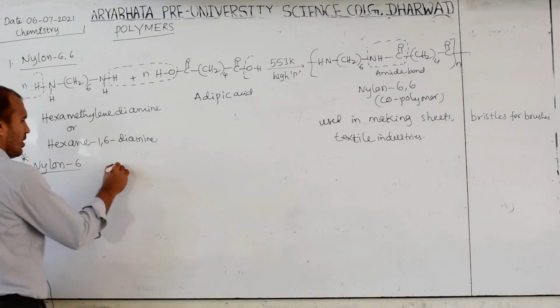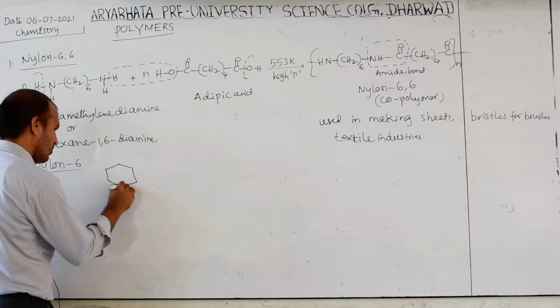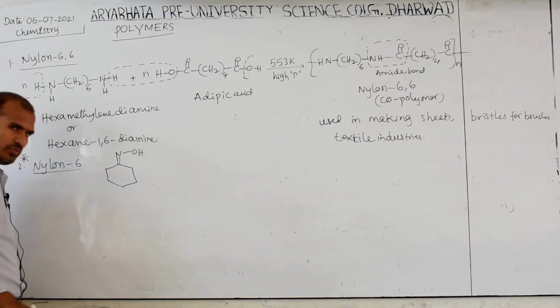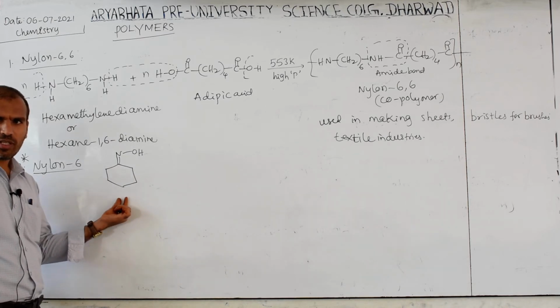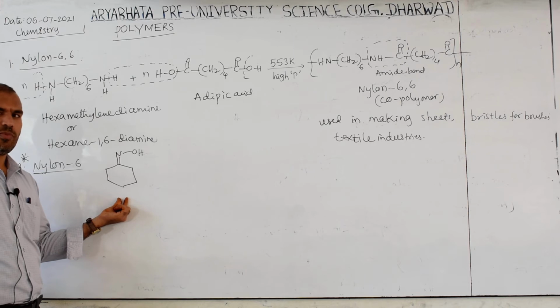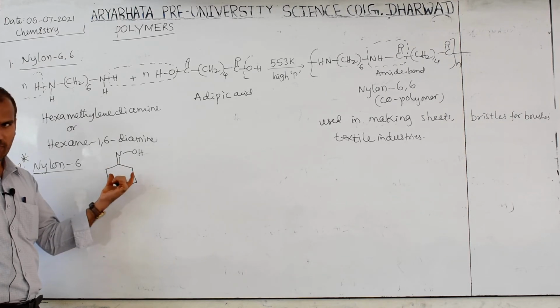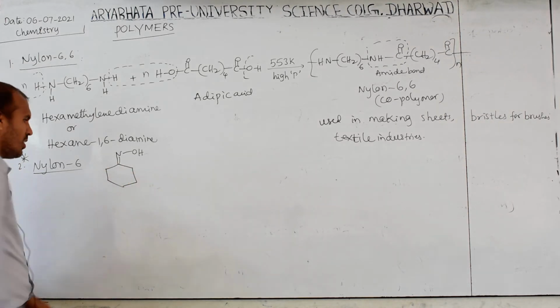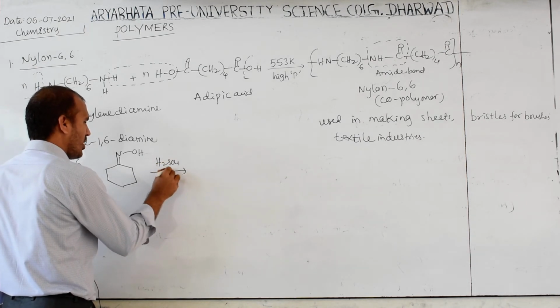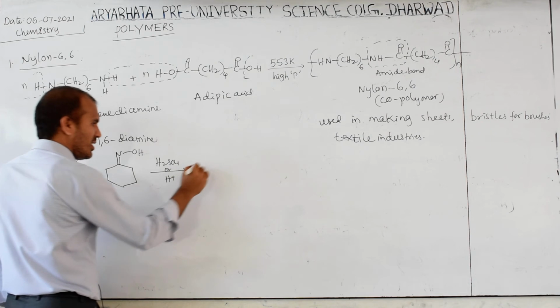Now, this actually comes in the organic chemistry second year, the aldehyde ketone chapter. This is one of the oximes. What do you call this? Oxime. In presence of H2SO4, or they may simply give H plus, then this will be formed.